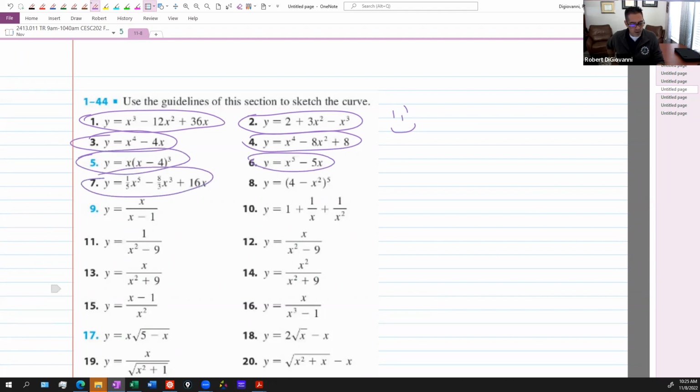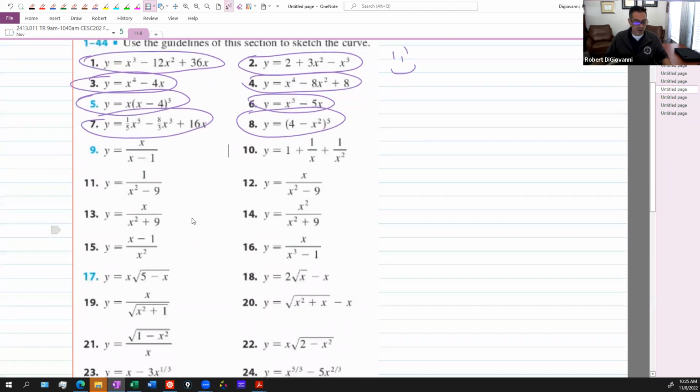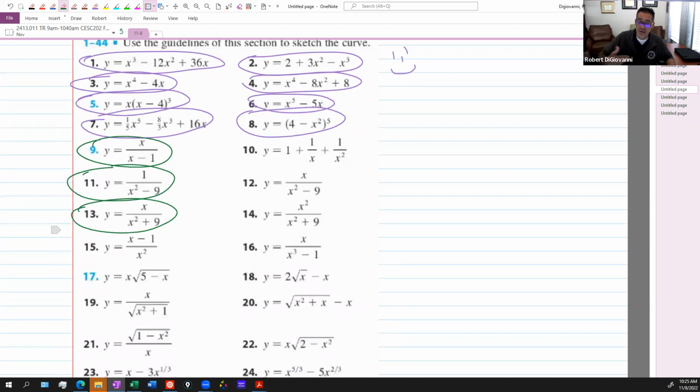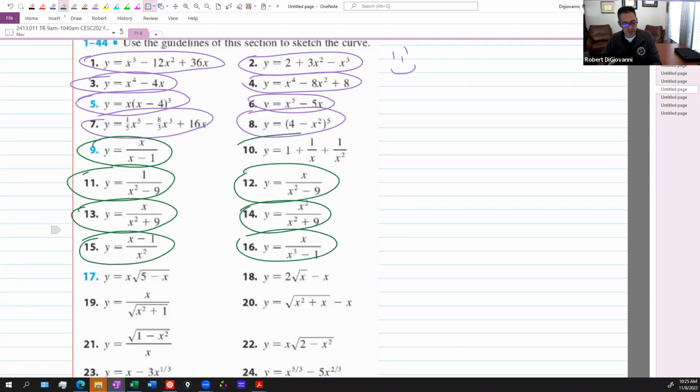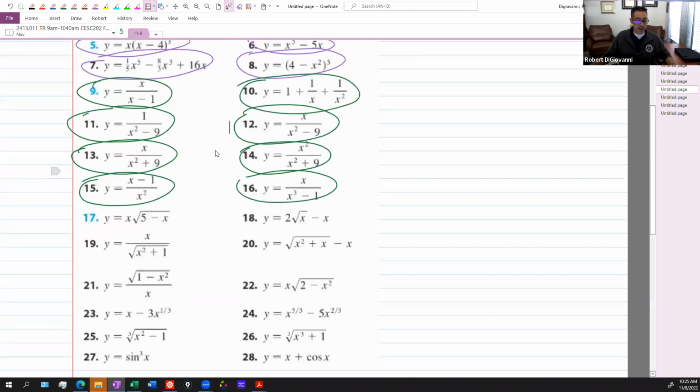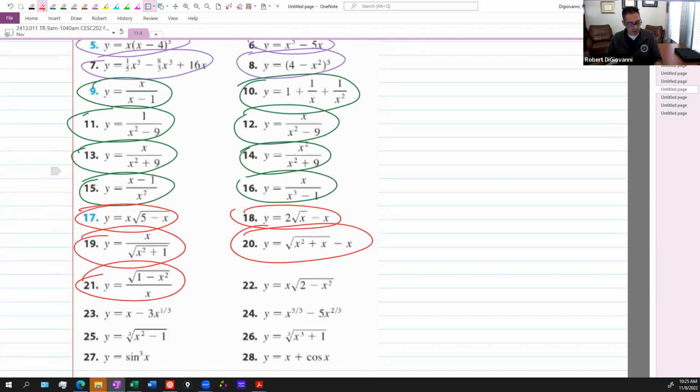So all of those together are reasonable functions. Then it starts getting crazier because now you start having rational functions. Imagine you need the first and second derivatives of those, right? All of these are difficult problems because the derivatives are harder to deal with. And then you get into even crazier problems, right? We have roots involved. Imagine the first and second derivatives of those.